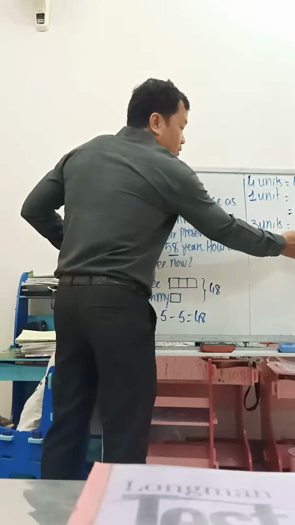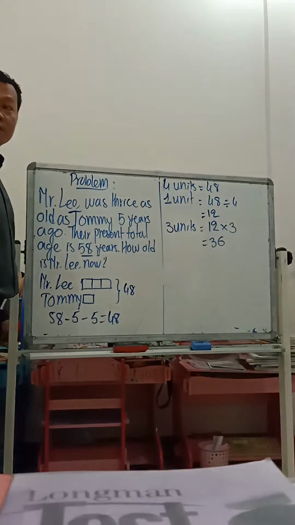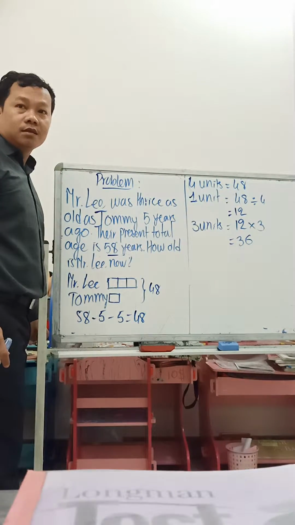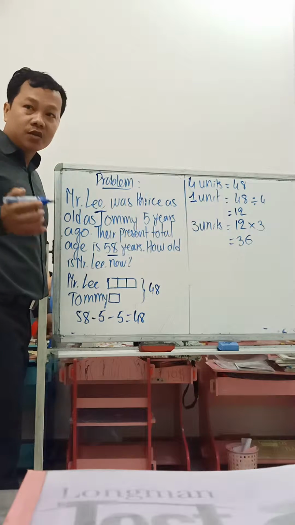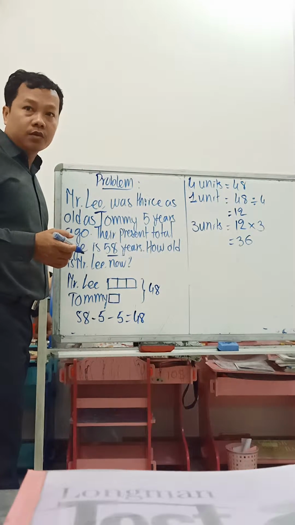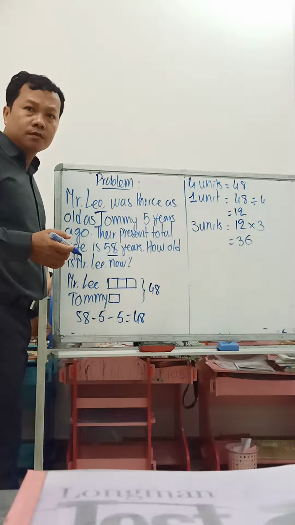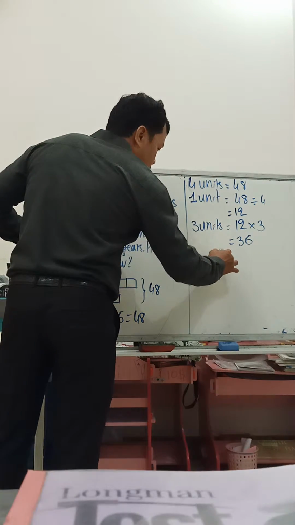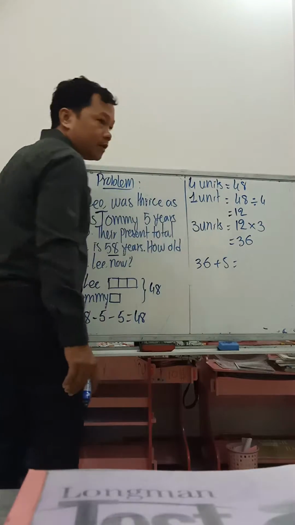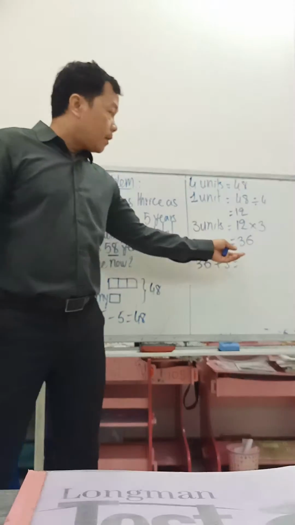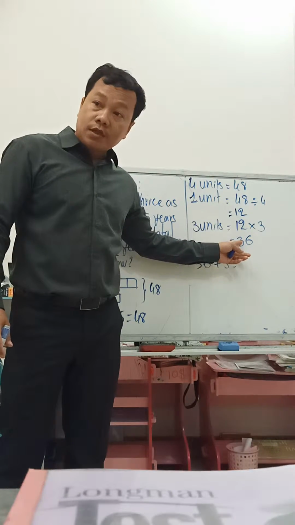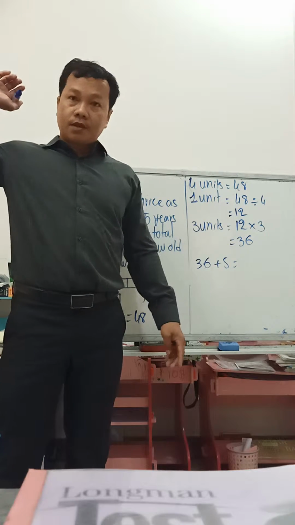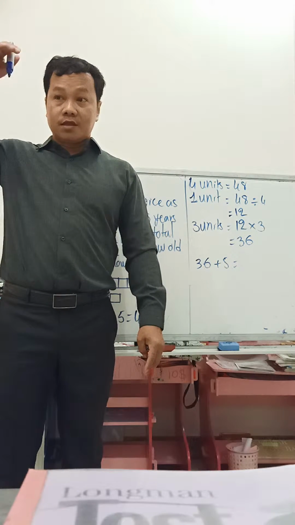Okay, 5 years ago, Mr. Lee was 36. And now, how old is he? How do you do? 36 plus what? Plus 5. 5 years ago he was 36. Just move from 5 years ago until now.